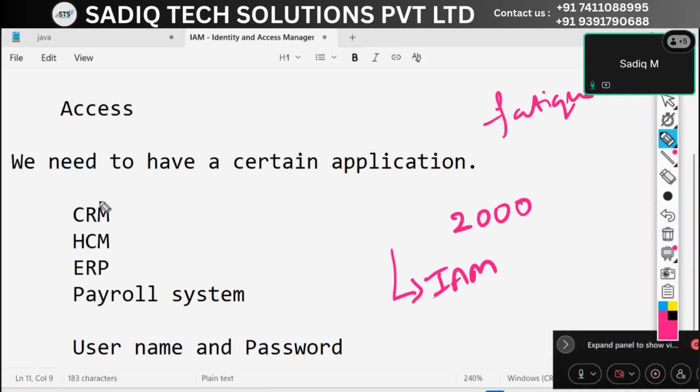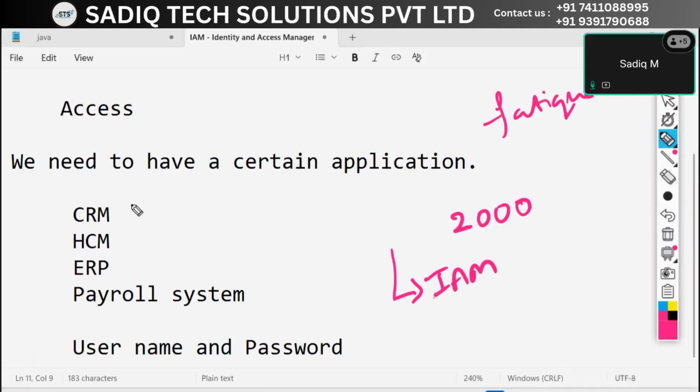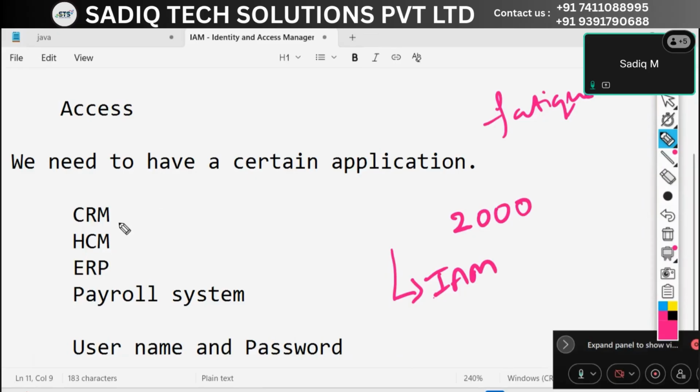Suppose an employee has left the organization. Then deprovisioning the user accounts from the systems becomes a very hectic task. Suppose I have 20 applications and 500 users.